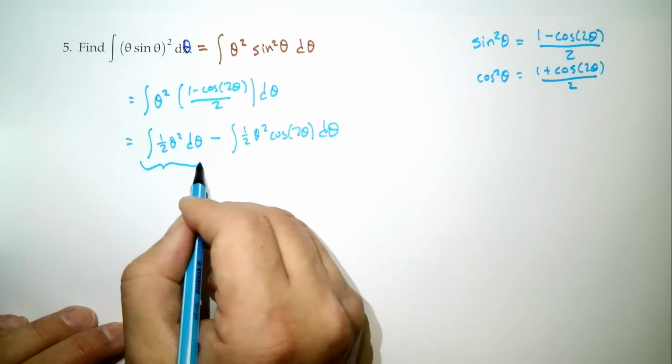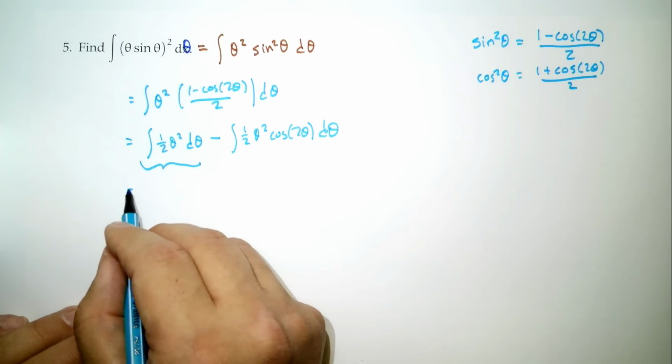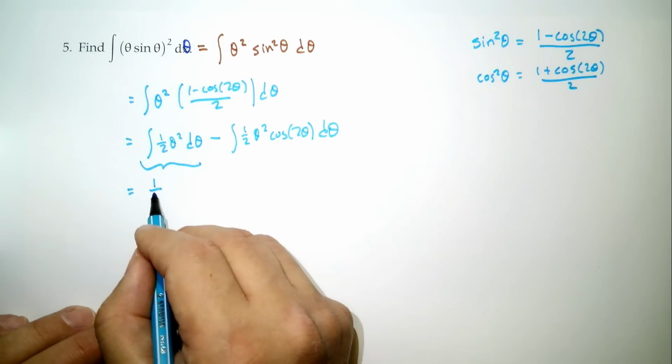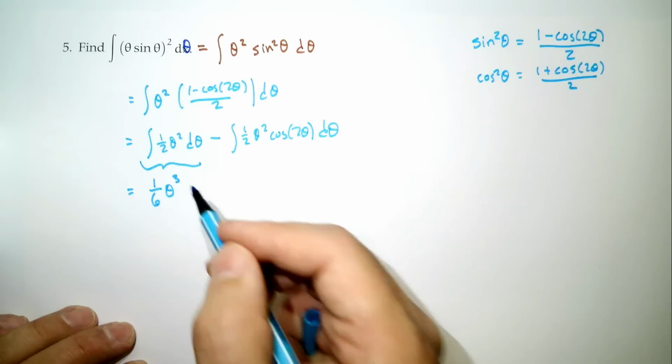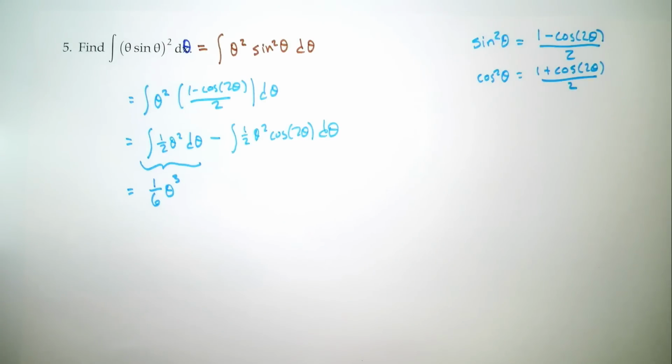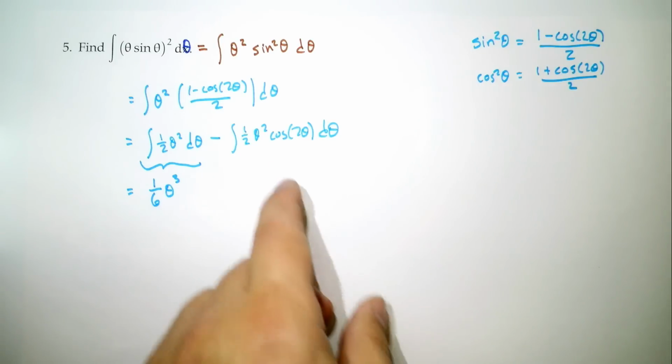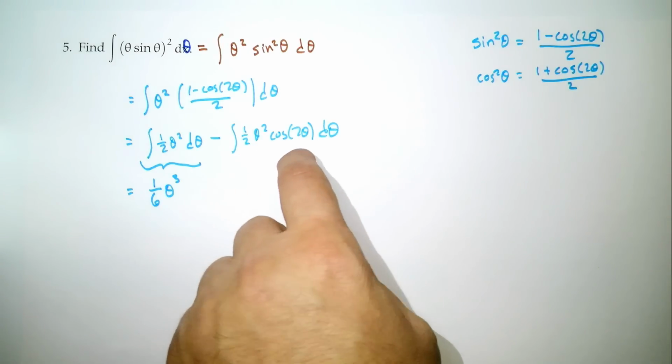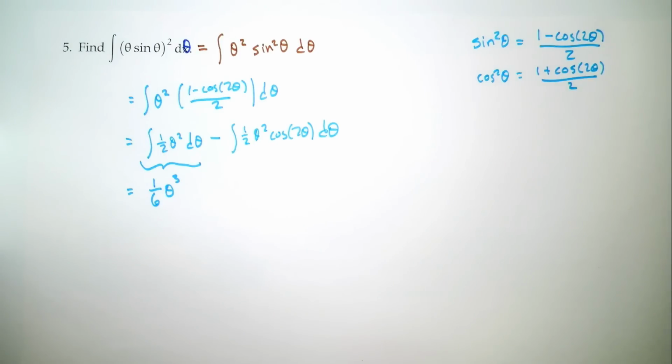Now, for the first integral, 1/2 theta squared d theta, I think you'll believe me when I tell you that the answer is 1/6 theta cubed. Cool. That's a pretty straightforward integral, no surprise. For the second integral, where we have a theta squared cosine of 2 theta, what do we start to do, or how do we start?